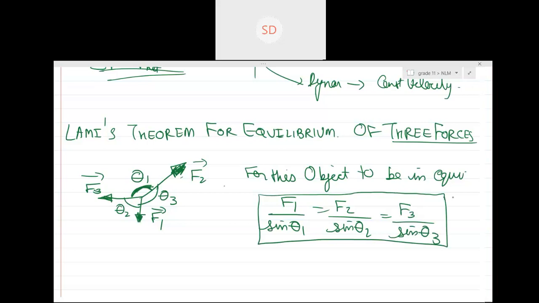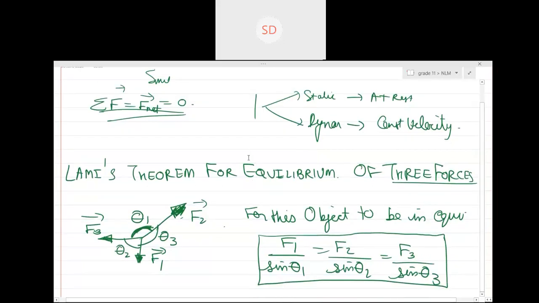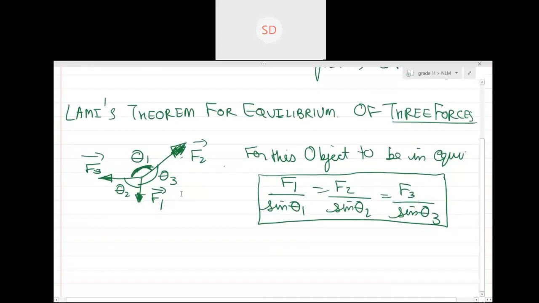Sir, could you tell what was done today from the start? As we just discussed, what was equilibrium, we revised static equilibrium and dynamic equilibrium. Then we started with Lami's theorem for equilibrium of three forces. Suppose there is an object under the application of three forces, F1 vector, F2 vector, F3 vector, all at certain angles with each other.